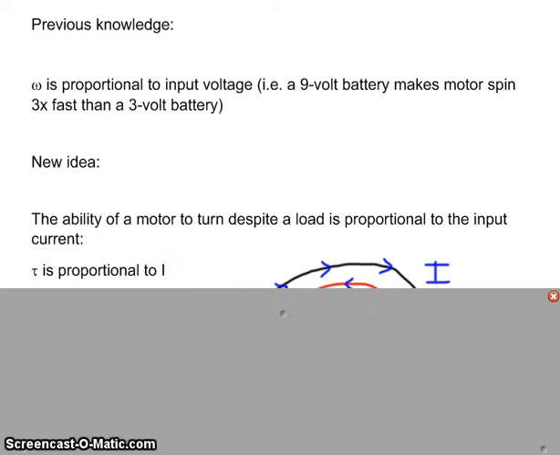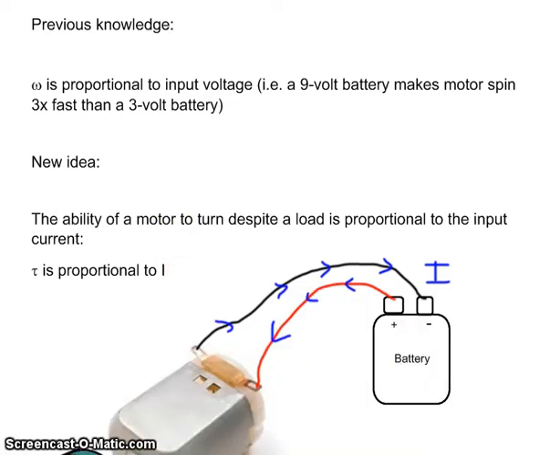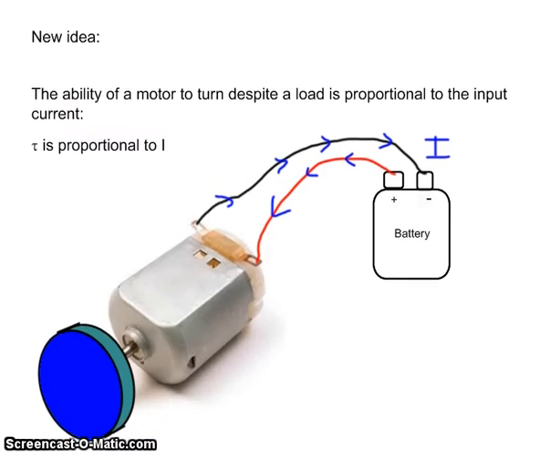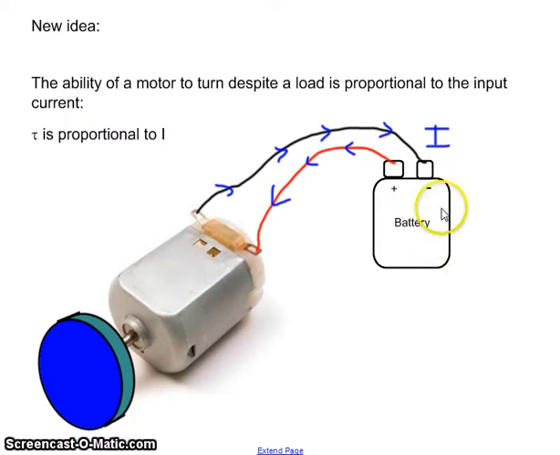And I think at this point we need a picture of that idea. So here is a battery. Could be a 1.5-volt battery, could be a 9-volt battery, could be 100 volts. The battery is hooked up to the motor, and inside here there's a wound coil that the current goes through, and it creates a magnetic field, and that magnetic field in turn gets this spindle to turn, and of course this disc, which could be gears or anything else out here, will wind up turning.